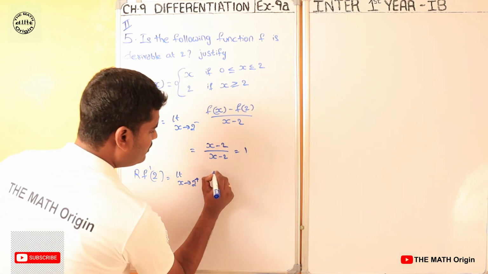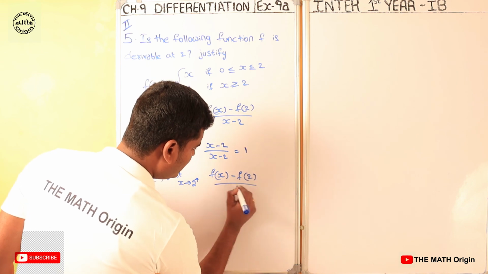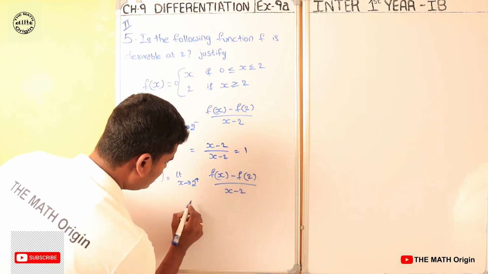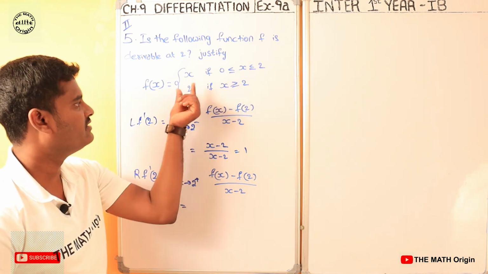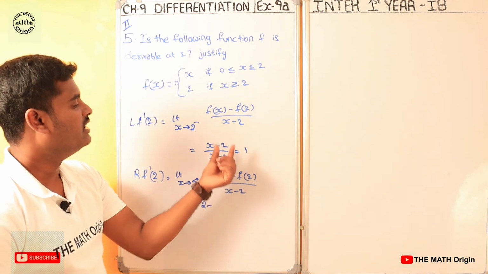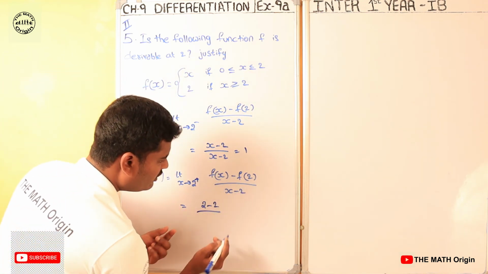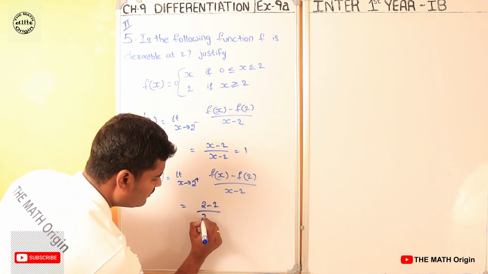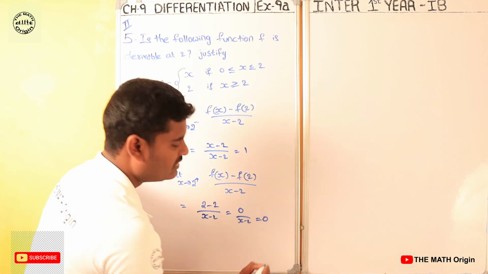Now let's find the right hand derivative at 2, which is the limit as x tends to 2 plus of f of x minus f of 2 by x minus 2. Here f of x minus f of 2 is 2 minus 2, so it is 0 divided by x minus 2, which is 0.